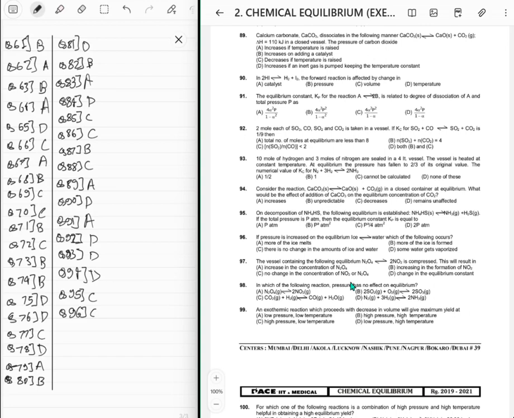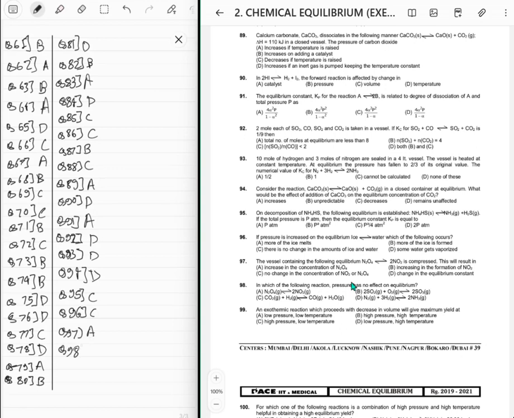No increase in the concentration of NO2 or N2O4? No, that's just wrong. Change in the equilibrium constant? That's wrong. Increase in the formation of NO2? Uh, no, B is not correct. You could think it's going back, not forward. And even if NO2 did change its concentration, its moles are the same, right? And then it would go back. So it's actually decreasing. Increase in the concentration of N2O4, yes, that's for sure. In both ways.